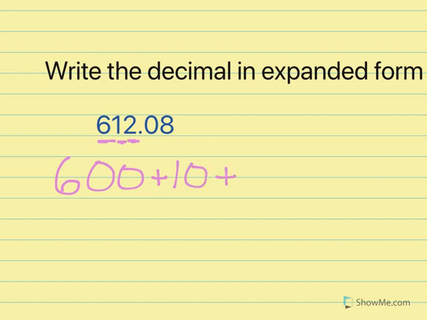Go on to the 2. It's in the ones place, so it's just 2. Now I'm looking at decimals. So we have nothing in the tenths place, so I don't put anything. I skip it. We have an 8 in the hundredths place. So I would write it like that.